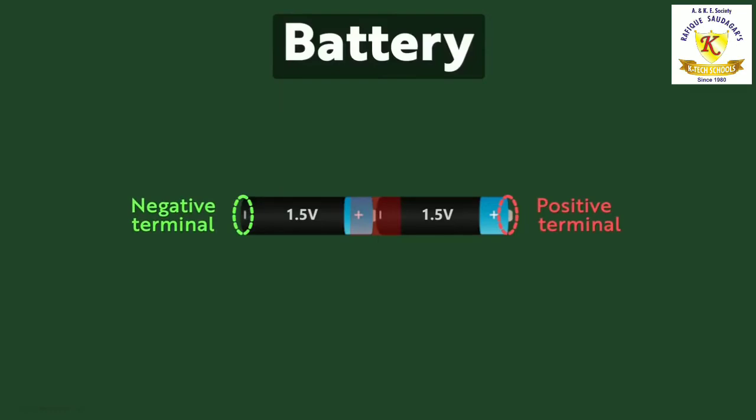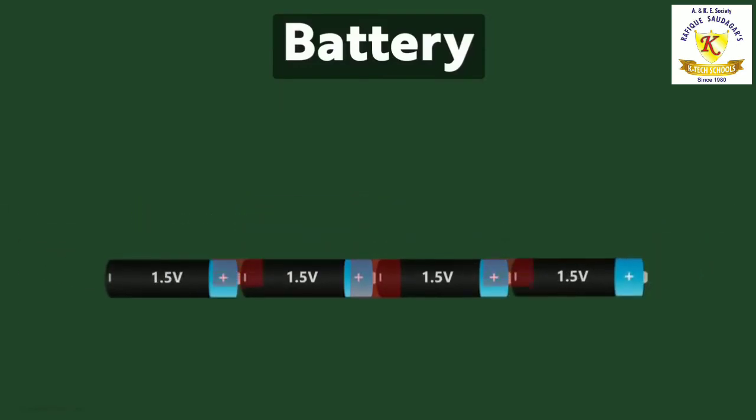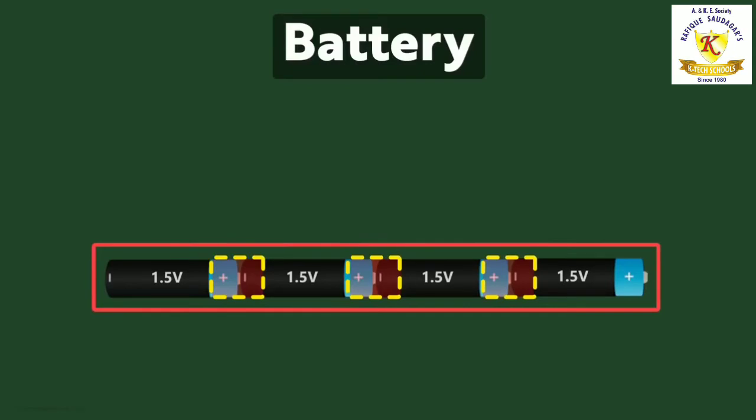We can even connect more cells to the system, but always make sure that the positive and the negative terminals are connected together. Even if four are connected together, it will still be called a battery.